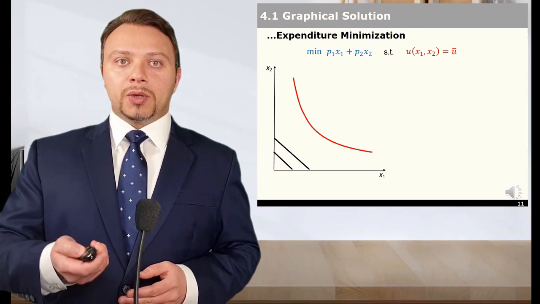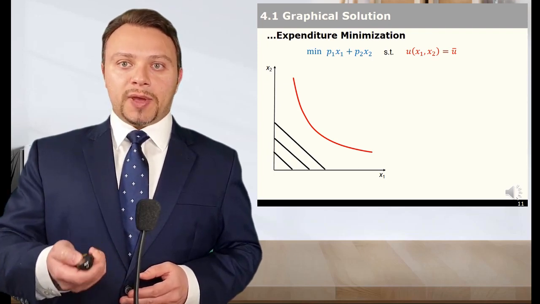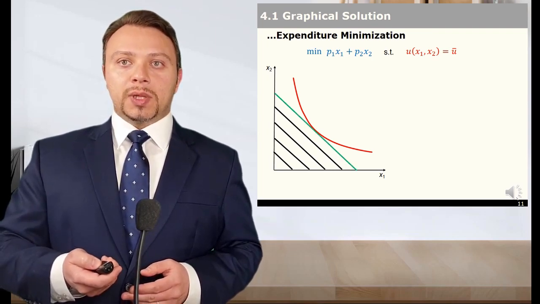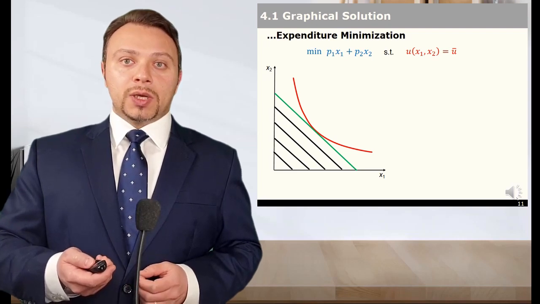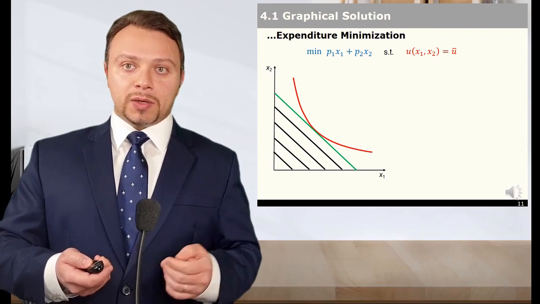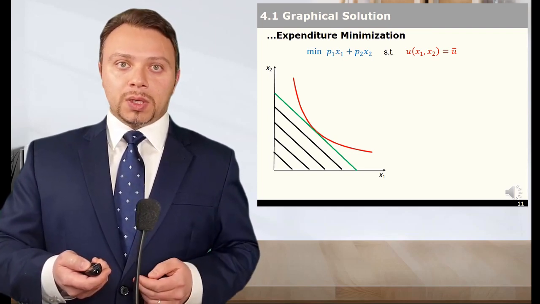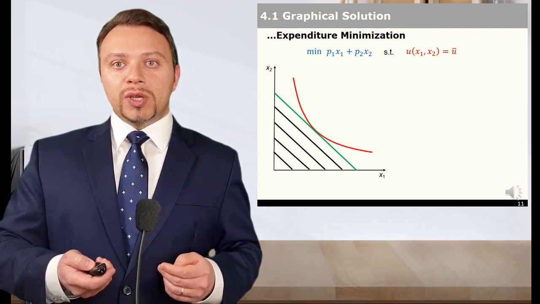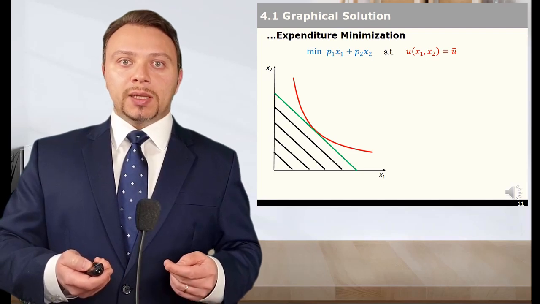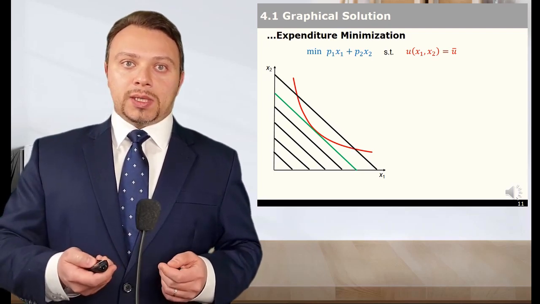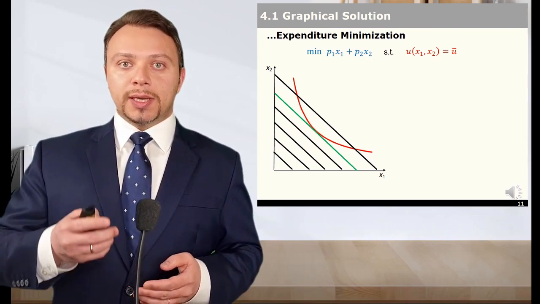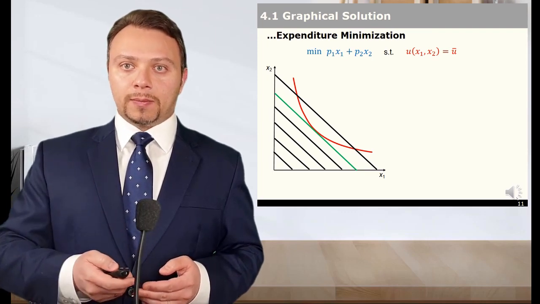Then he goes up and up, increasing the numbers of soldiers from the Elven and Orcish army, until finally he reaches this optimal expenditure, in which he exactly has one point in common between his budget line and this indifference curve. From this point, it doesn't make any sense for him to increase the expenditure more, because increasing the expenditure more would result in a higher utility level. So he doesn't want to achieve a different one. He just wants to get exactly this one utility level.